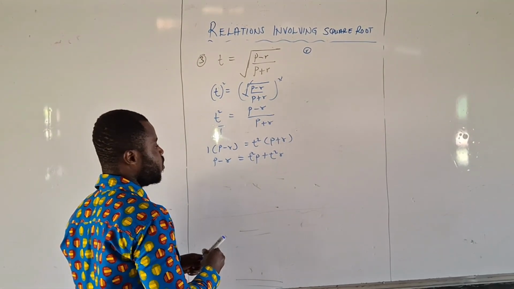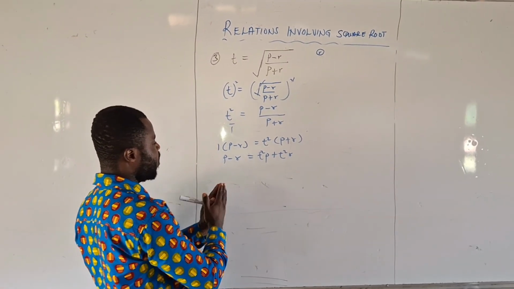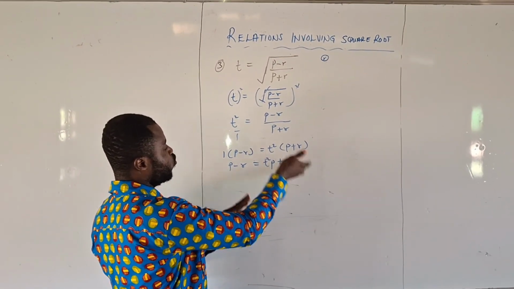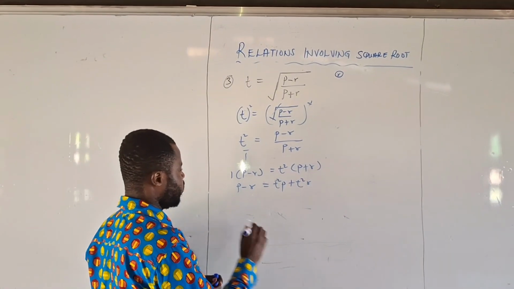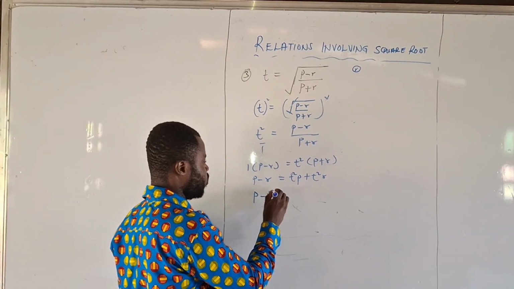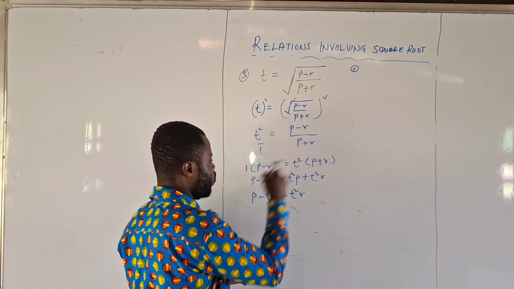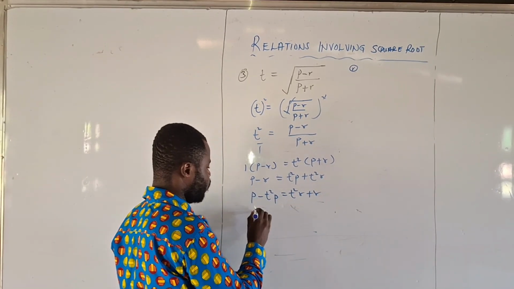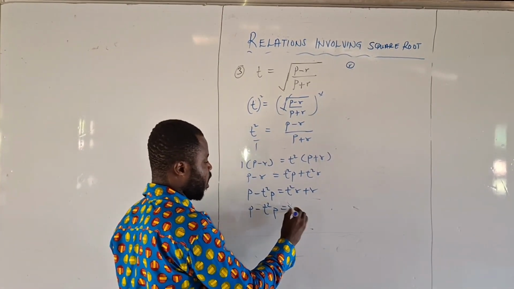Now the R we are making the subject is appearing on both sides. So we have to group them. And it will be best we send this negative here to make it positive. So in this one, the best thing is we are going to group this one: minus T squared P is equal to T squared R, then bring this one here, plus R. So P minus T squared P is equal to, we factorize the R out here.